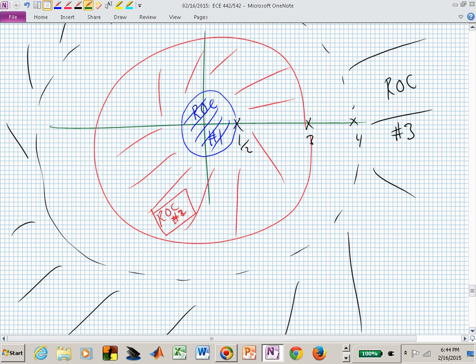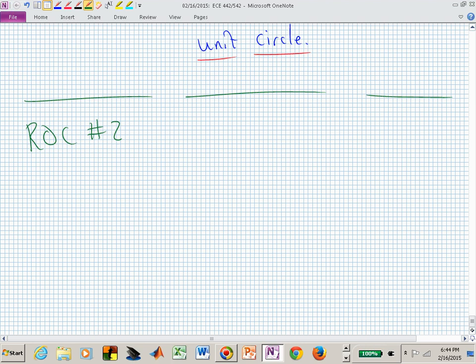The region of convergence is interior to 3 and 4. Those are the negative indices. So with region of convergence number 2, it is interior to poles z equal 3 and z equal 4, and exterior to z equal 1/2.